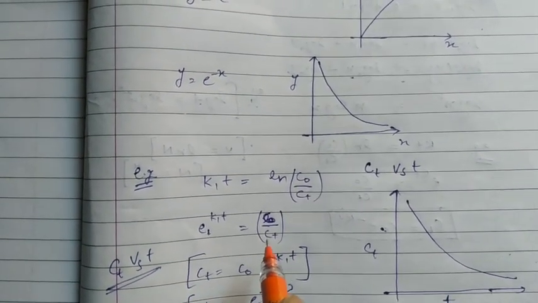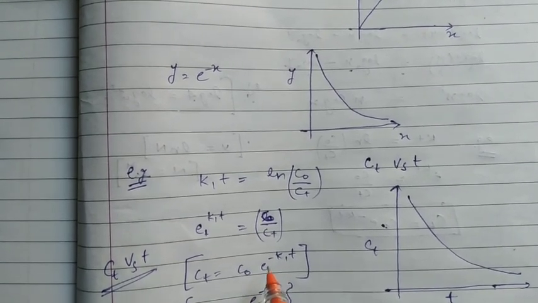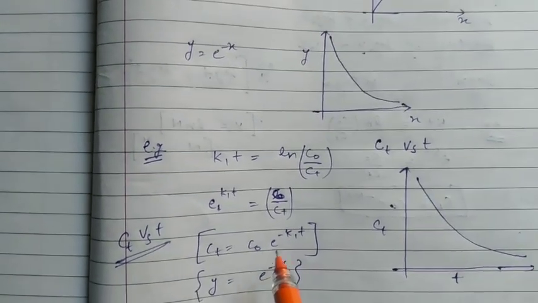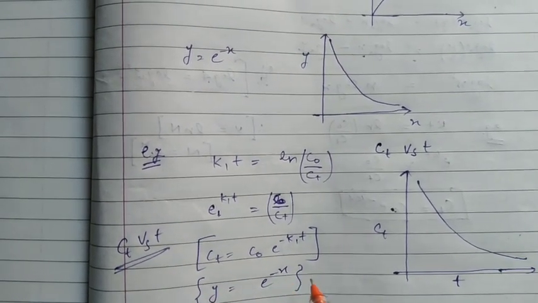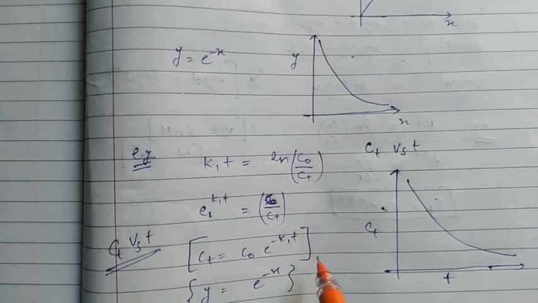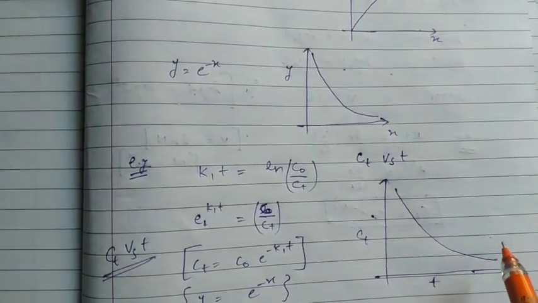So further we can write this equation as ct is equal to c naught e to the power minus k1t. On comparing this with y is equal to e to the power minus x, this will represent an exponential graph with decreasing slope.